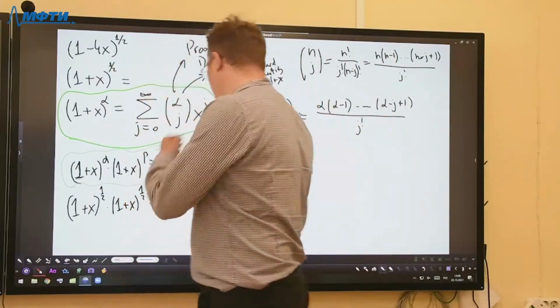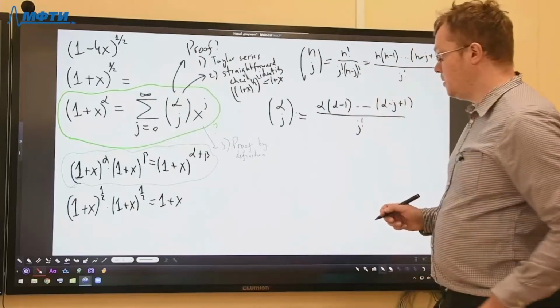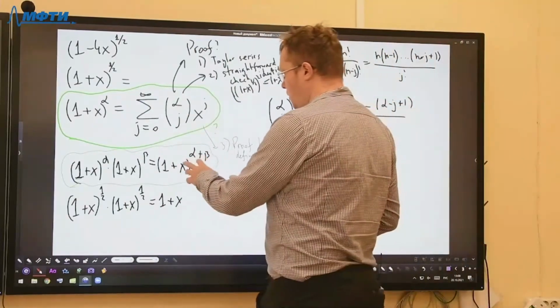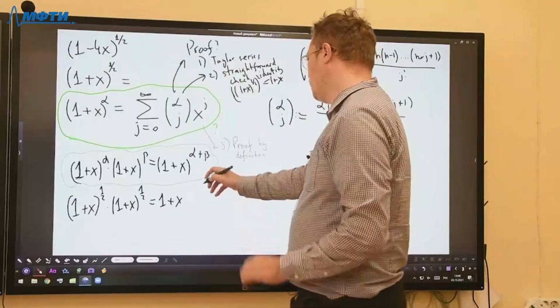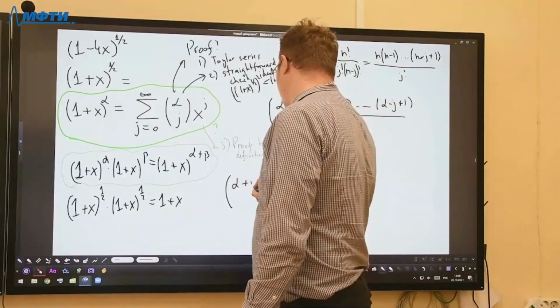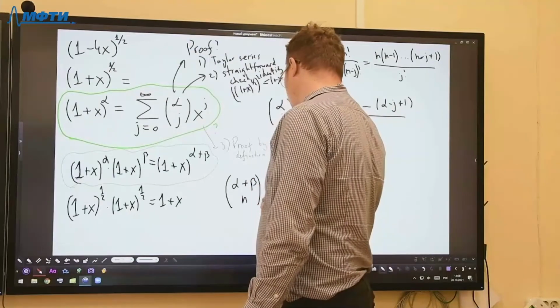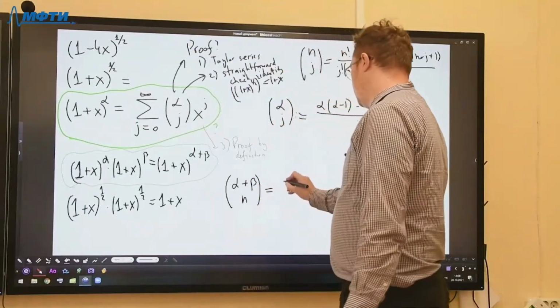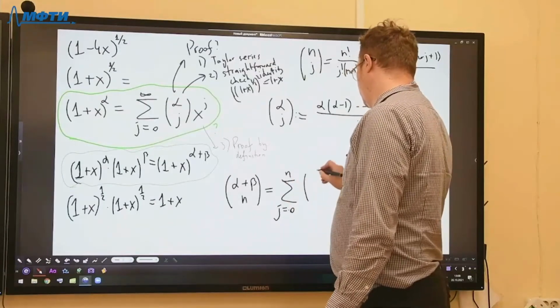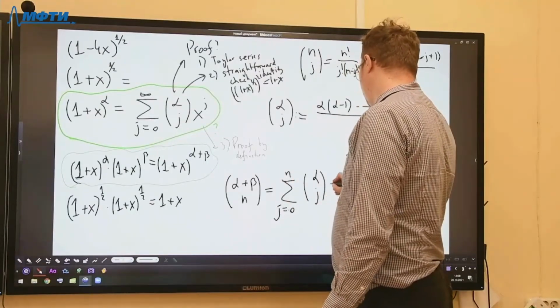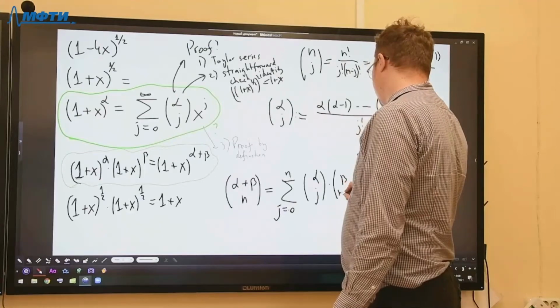So what does it mean? I will write the formula. I need to prove that alpha plus beta choose n is the sum from j equals 0 to n of alpha choose j times beta choose n minus j.